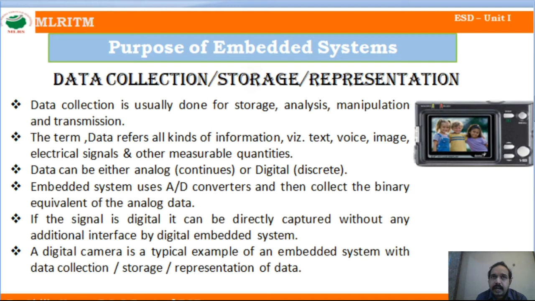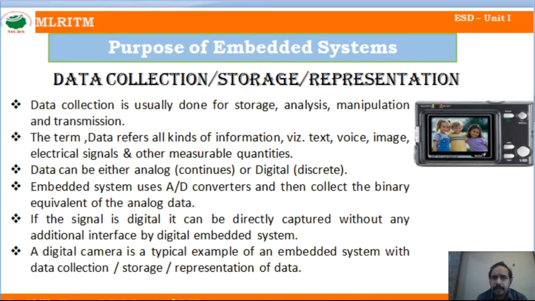So data collection: how is analog data converted to digital data? This data collection is used for storage, analysis, manipulation, transmission, etc. So what is the peculiarity of this digital data? You may have a hard copy of a photograph. It is not possible to alter anything in the photograph, right?